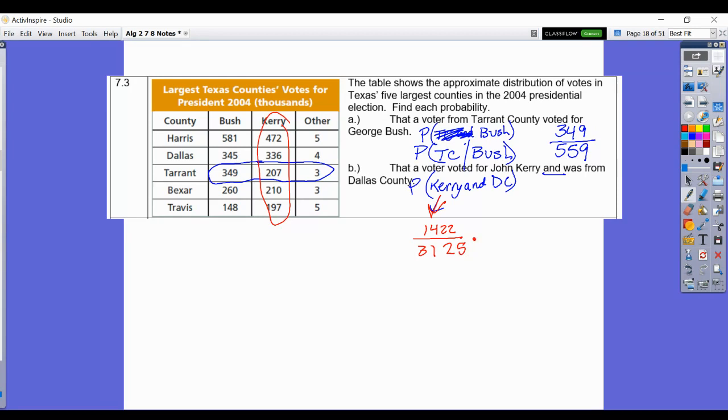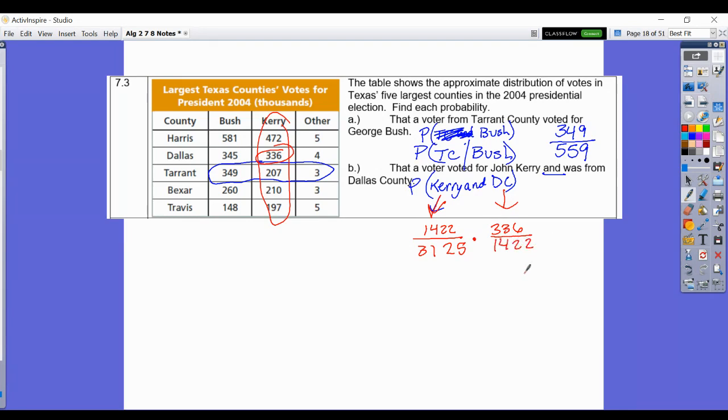Okay. Then for this one here, I want the voters, given that they already voted for Kerry, how many of them are in Dallas County? So there are 336 out of the 1,422.